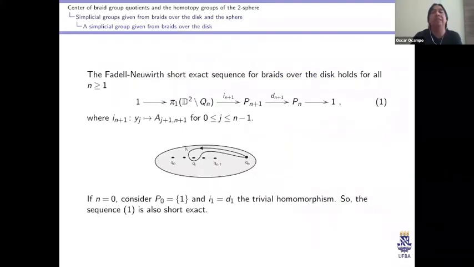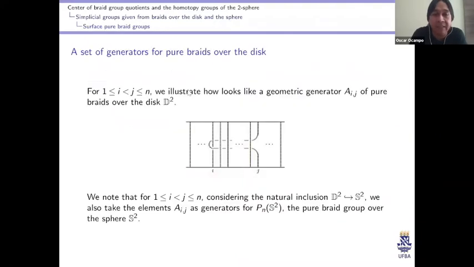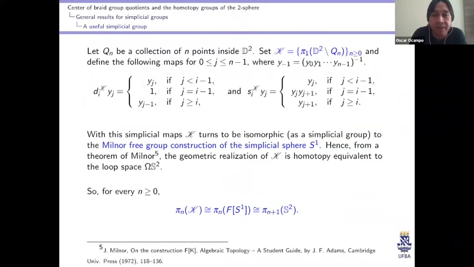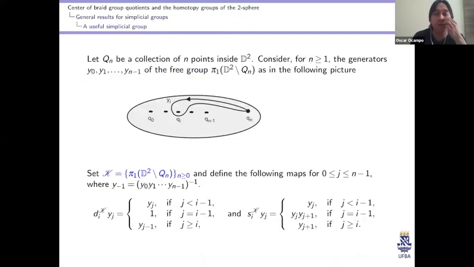There is a well-known Fadell-Neuwirth fibration of configuration spaces that gives a short exact sequence when taking fundamental groups of the corresponding configuration spaces. The good point in this part is that the kernel of d_{n+1} is a free group. Let me quickly recall the group K, which I was interested in, given by the punctured disk.